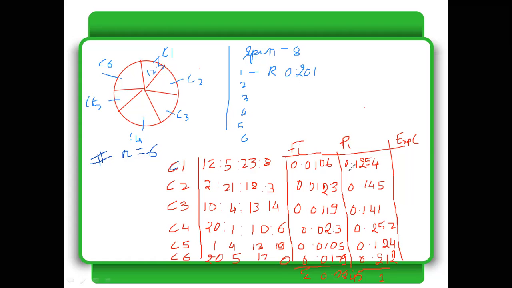So if I see p1 is 0.125, which is less than 0.2, but if I take this whole section of C1 plus C2 together, this marker shall come out at the value which is 0.271 approximately.